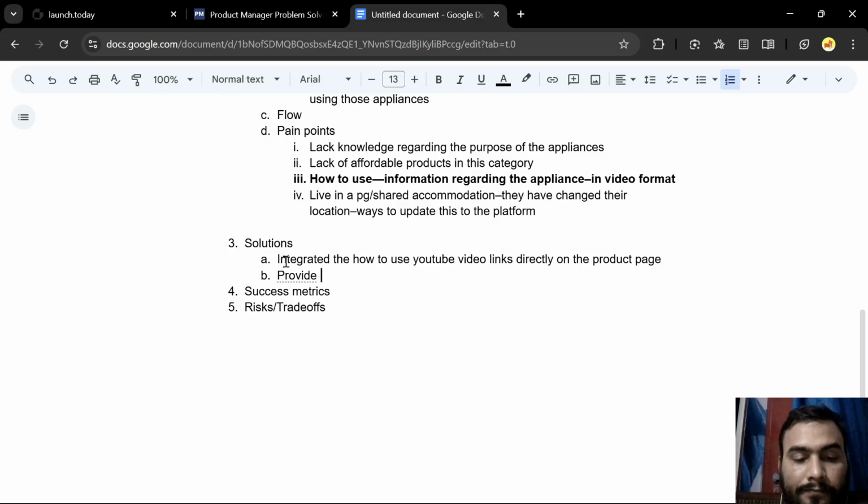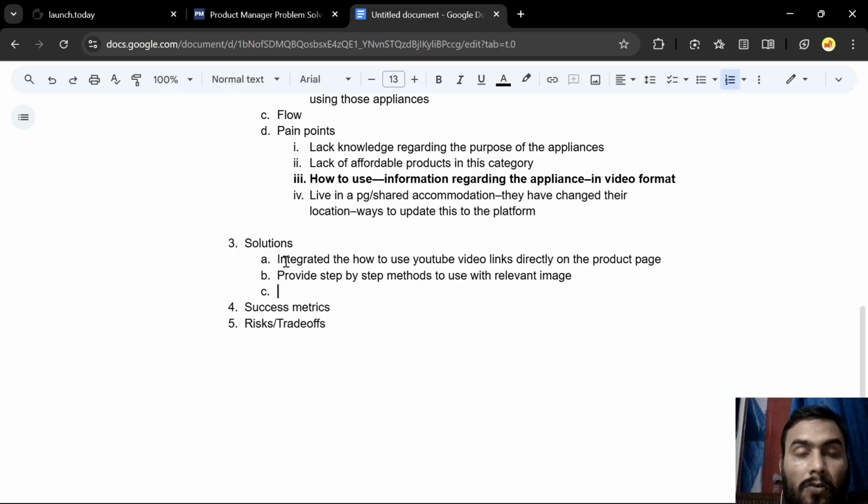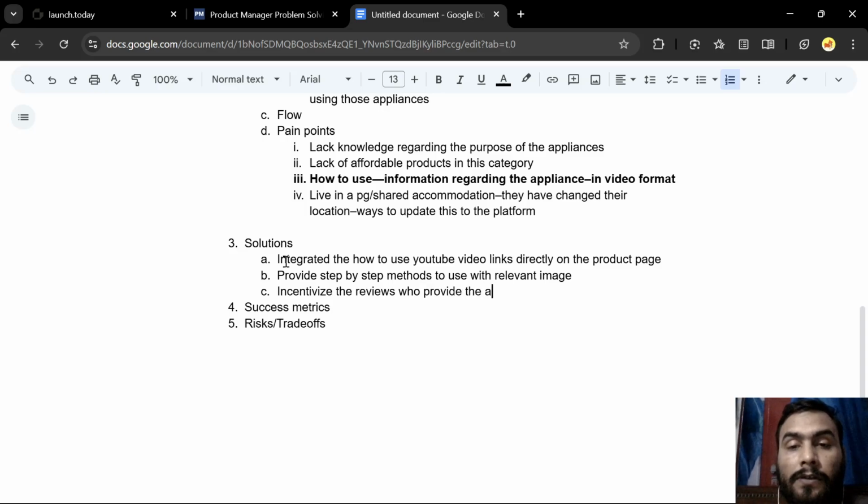Provide a step by step method to use with relevant images, or with the help of the reviews and ratings available on the platform, we could incentivize the reviewers who provide the appliance uses.